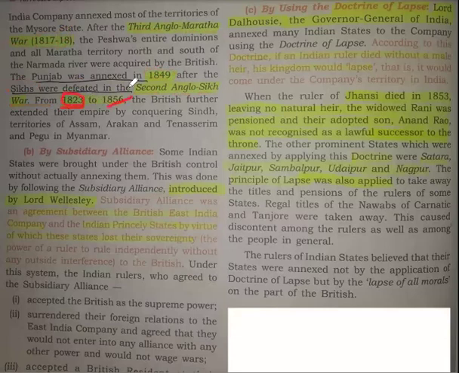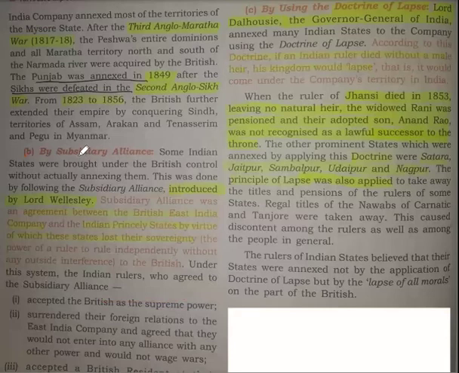From 1823 to 1856, the British further extended their empire by conquering Sindh, territories of Assam, Arakan, and Tenasserim, and Pegu in Myanmar. Subsidiary alliance.